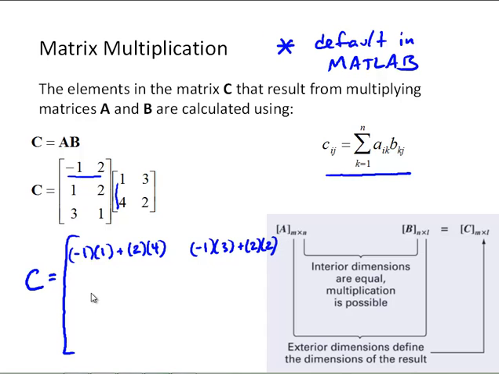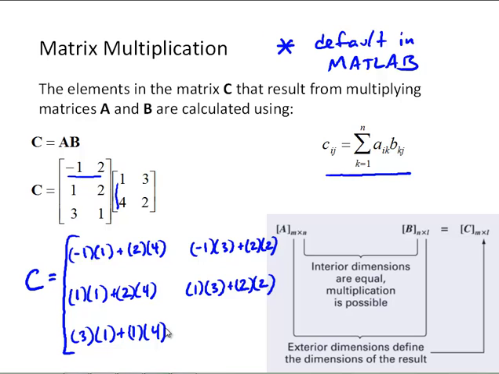Then we can move down to the second row and we get 1 times 1 plus 2 times 4 and 1 times 3 plus 2 times 2. And lastly, we get 3 times 1 plus 1 times 4. And for our last element, it's going to be again 3 times 3 plus 1 times 2.